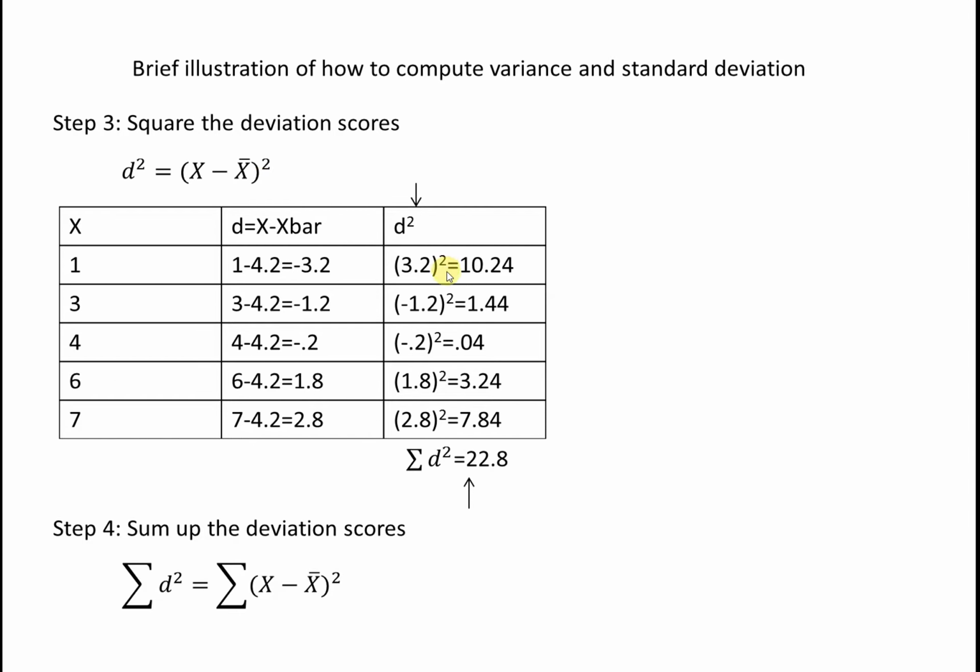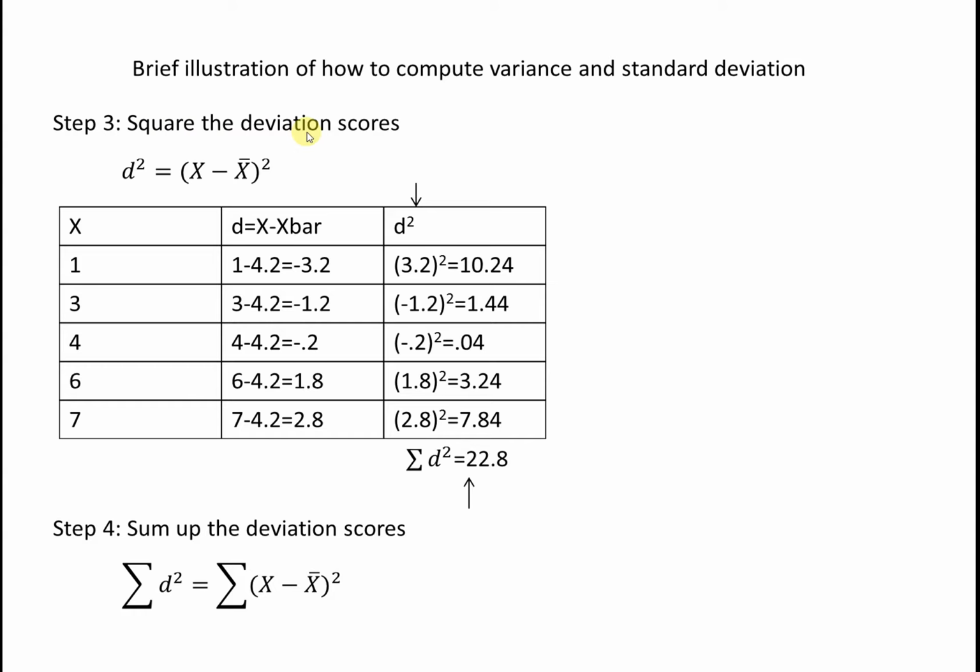The next step, step 3, is to square those deviation scores. Essentially, if we summed up all the deviation scores, they would actually sum to 0, which would not be a good index of how much variation there is. So we get around that problem by squaring those deviation scores and then summing them up.